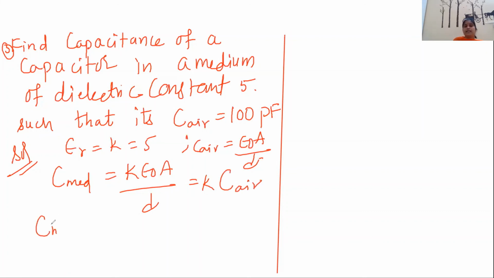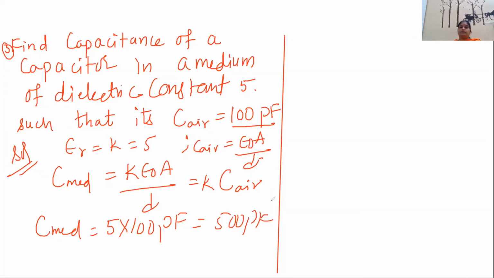K is 5, and C in air is given as 100 picofarad. So the answer should be 500 picofarad. This is the way you have to solve these sums.